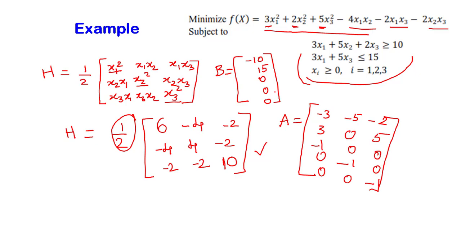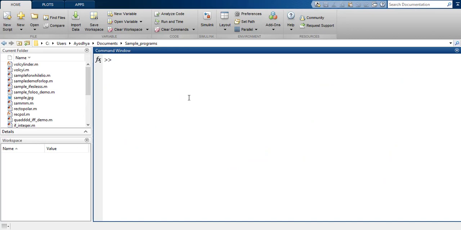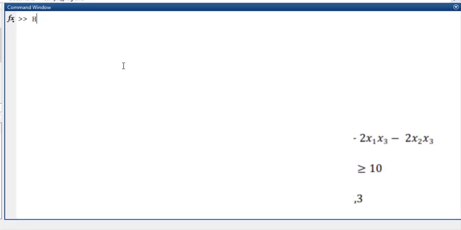So these are my inputs to MATLAB. The same inputs I will give into MATLAB in the form of commands, with the help of a function called quadprog. Let me open the MATLAB software. Here I have to give the H matrix.